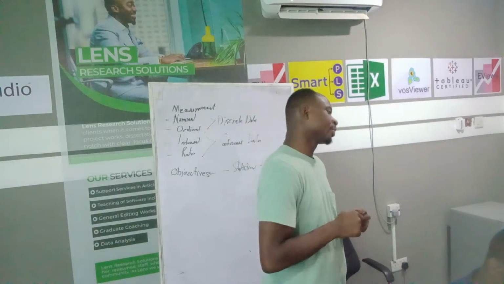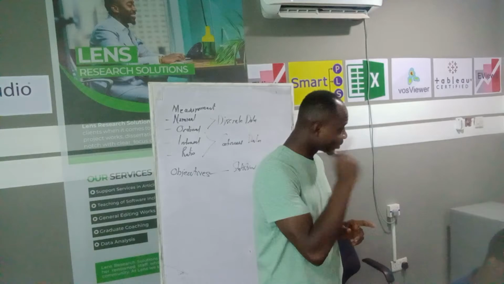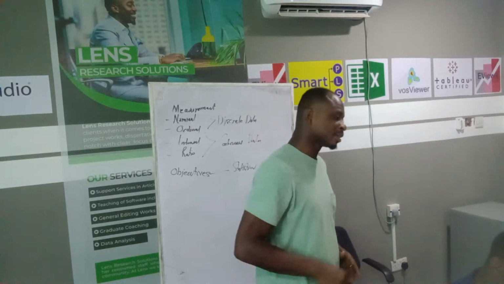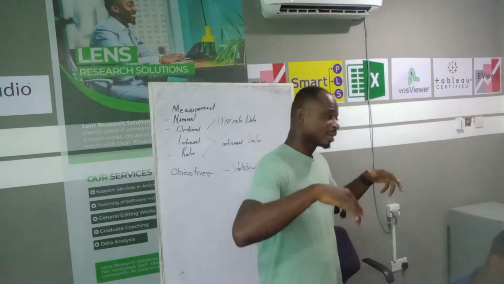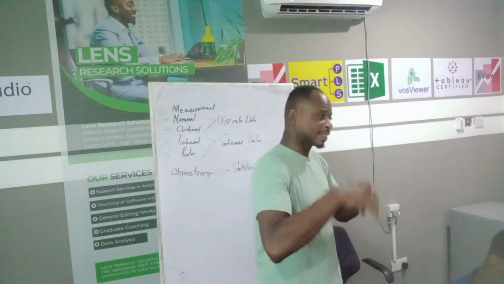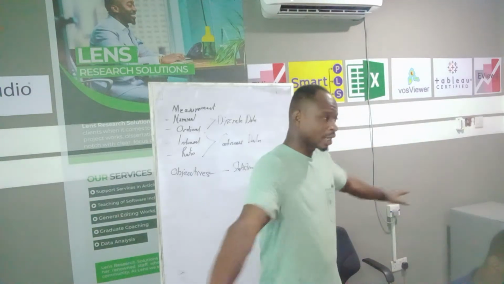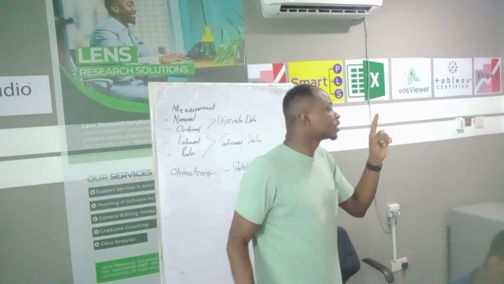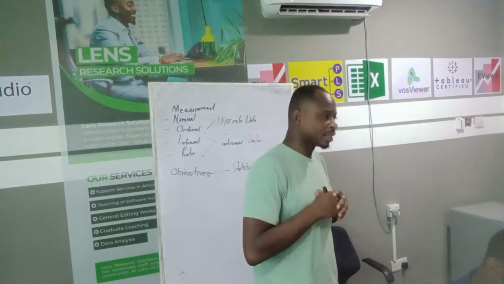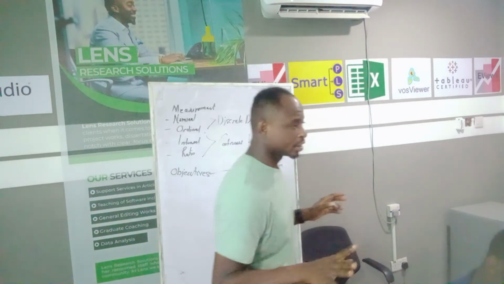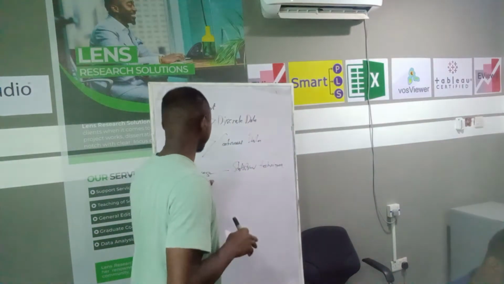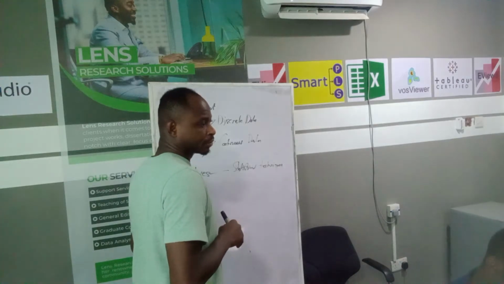So it is very, very important that when you are setting your objectives, you ask yourself, is this something that I can apply a statistical technique on in the software to analyze it? If you're able to see through the various techniques and you identify the one that will help you to analyze that particular objective, then it is good for you. So make sure that you consult your objectives very well.